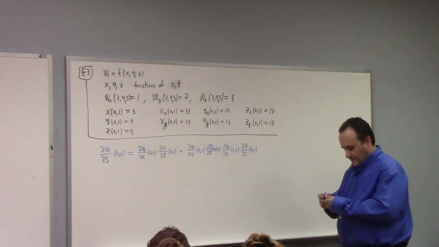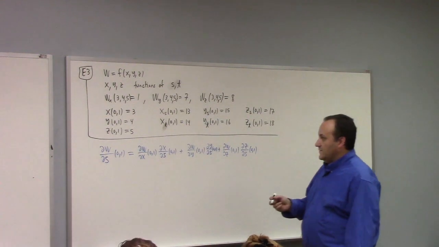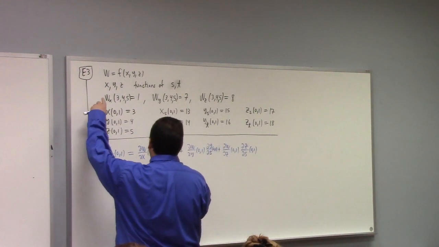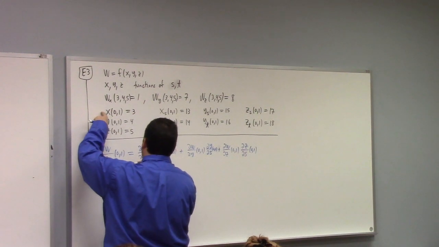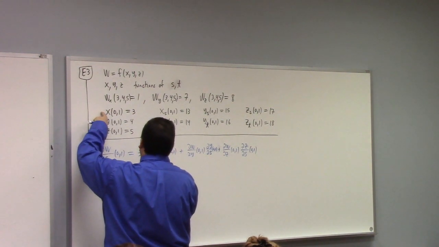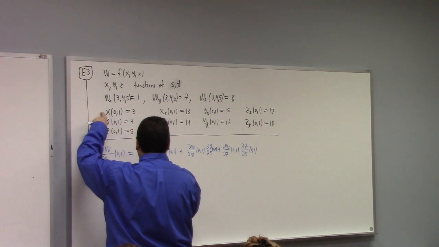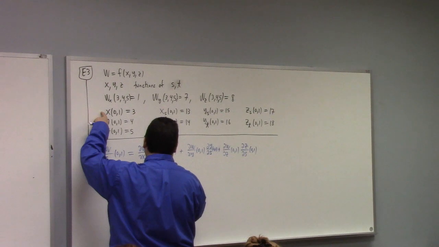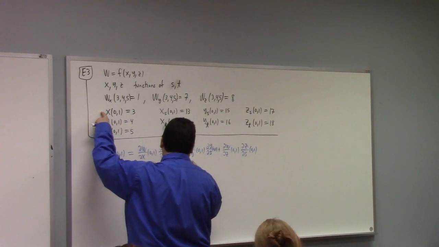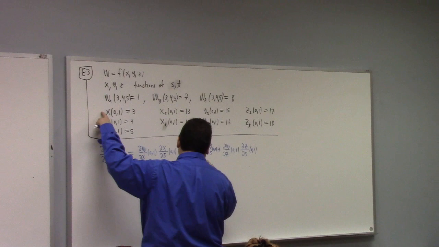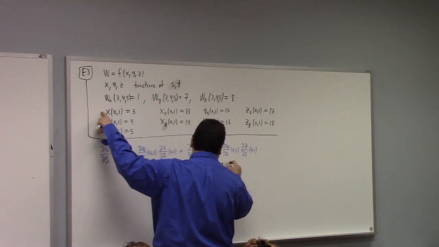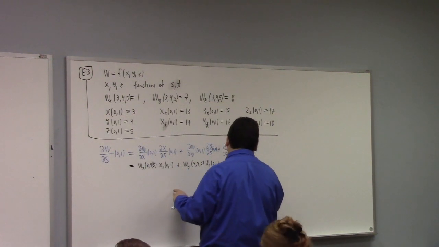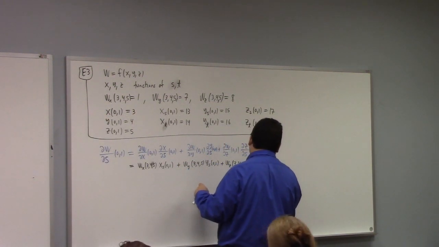All right, so I've given us all these values, right? So what is partial w, partial x at 0, 1? And by that, of course, I mean 3, 4, 5, because that's where x of 0, 1 is. So that's actually wx of 3, 4, 5, given the context, and then x sub s of 0, 1, plus wy of 3, 4, 5, y sub s of 0, 1, plus wz of 3, 4, 5, z sub s of 0, 1.